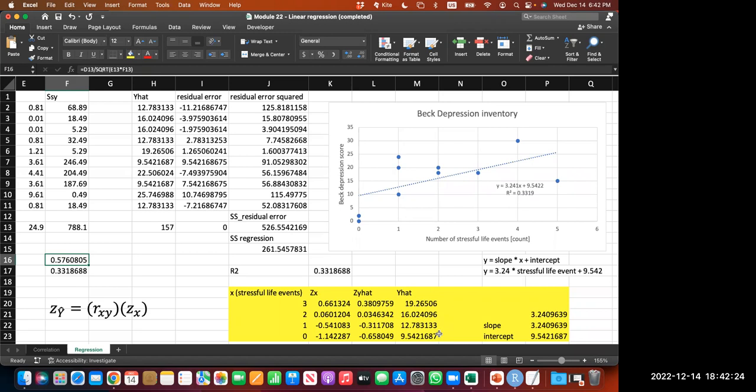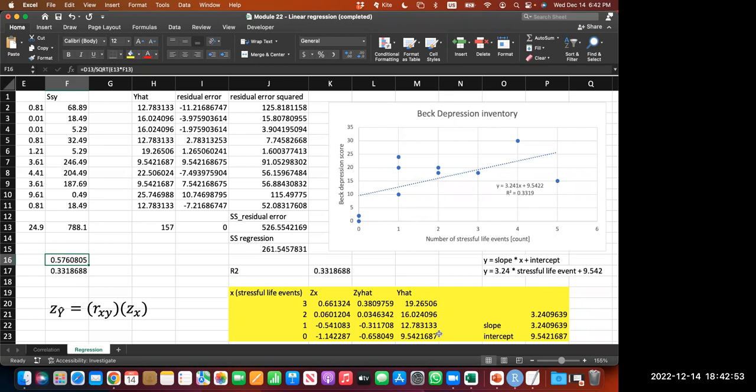We standardized this according to the mean of x, which we knew was 1.9 stressful life events. We standardized it by calculating the individual x, 3 minus 1.9, divided by the standard deviation, which I forget what it was. But basically, we're standardizing it by dividing the difference between the individual point and the mean by the standard deviation. So we get 4 different entries.